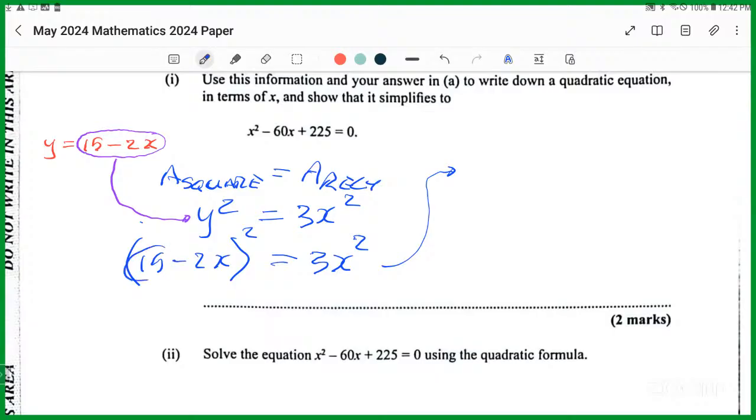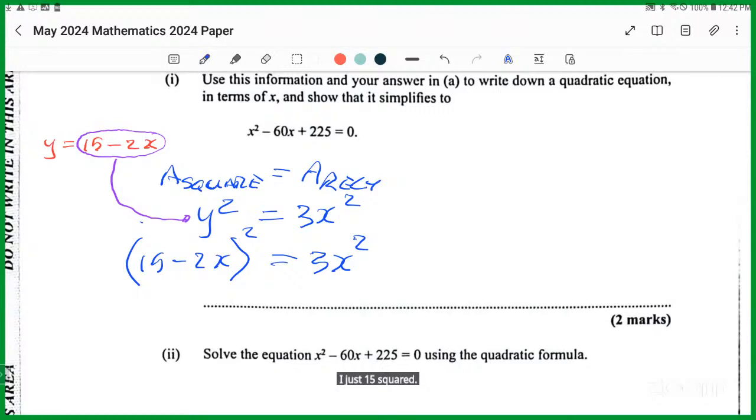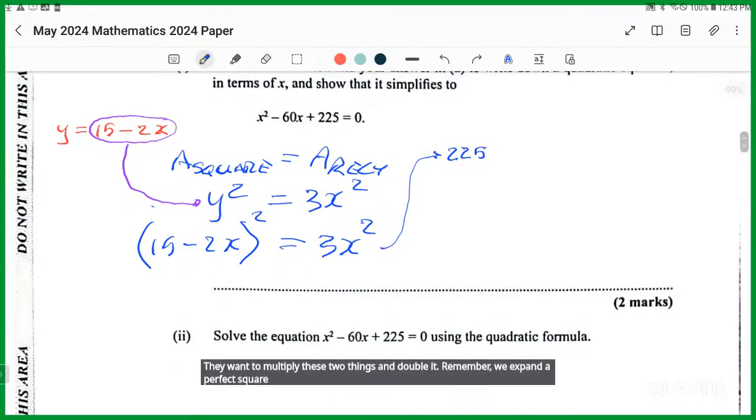Remember, we're going to do the 15 squared first, the first term squared. What is 15 squared? 15 squared is 225. Then we're going to multiply these two things and double it. Remember, when you expand a perfect square, let me write it out here for you.